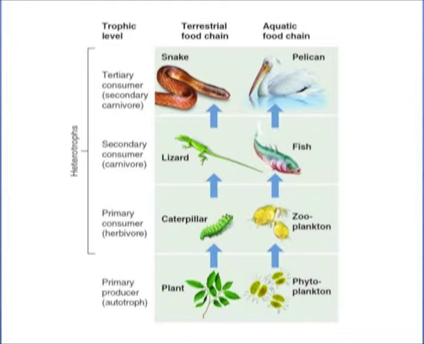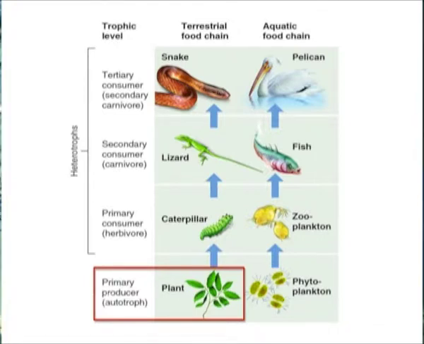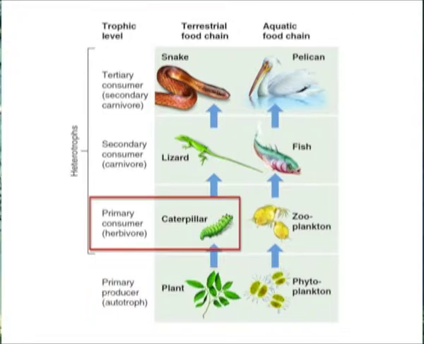The green plants always occupy the first level in any given food chain and are commonly termed as the primary producers. The stored energy in primary producers is then utilized by the plant eaters called the herbivores, which are also known as primary consumers.